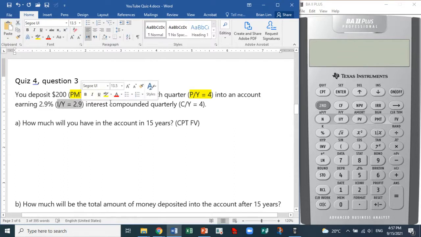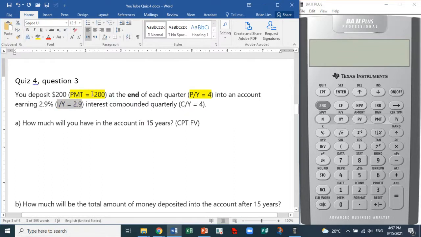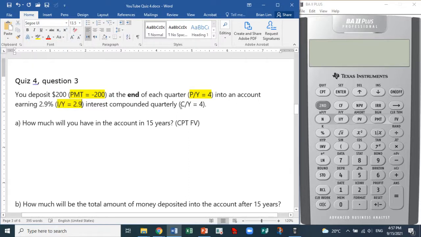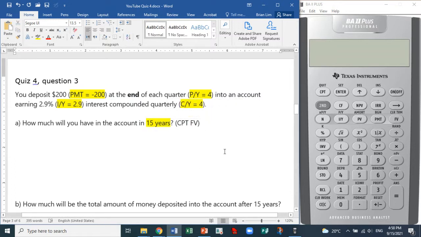All right, so let's do all of that and we will get the result. All right, so it's 15 years. So that is also important because that goes to help us to calculate the value of N. All right, so either way we could do it.